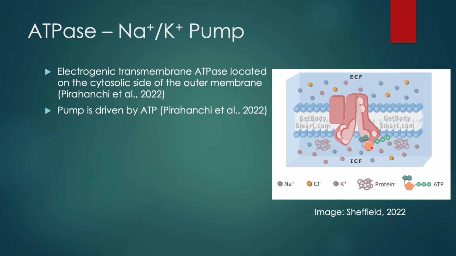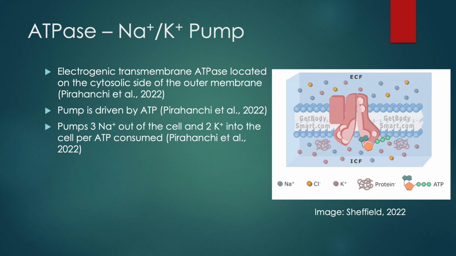is binding to this pump, and it will phosphorylate the pump, and it will allow 3 sodium ions to connect into these spaces right here, and as it closes, the 3 sodium ions are basically pumped out of the cell, and 2 potassium ions then will be pumped into the cell for every ATP unit that is consumed.